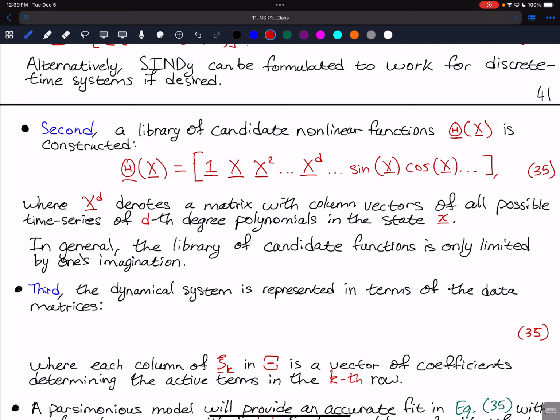And so here, this X^d is a matrix with column vectors of all possible time series to the dth degree polynomials in that state x, meaning that you can have x1 squared times x2 cubed, and that would give you d equals 5. That would still be considered one.